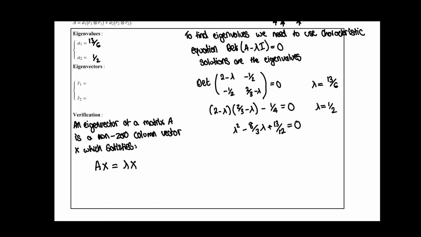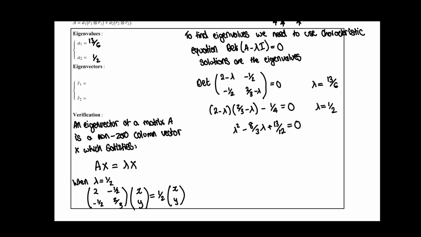So if we do this for a half, when lambda is equal to a half, we have 2, minus a half, minus a half, 2 over 3, and then x, y is equal to a half x, y.